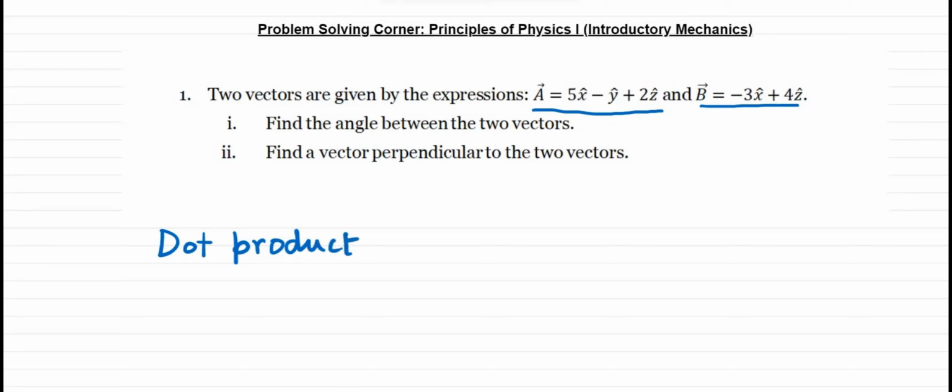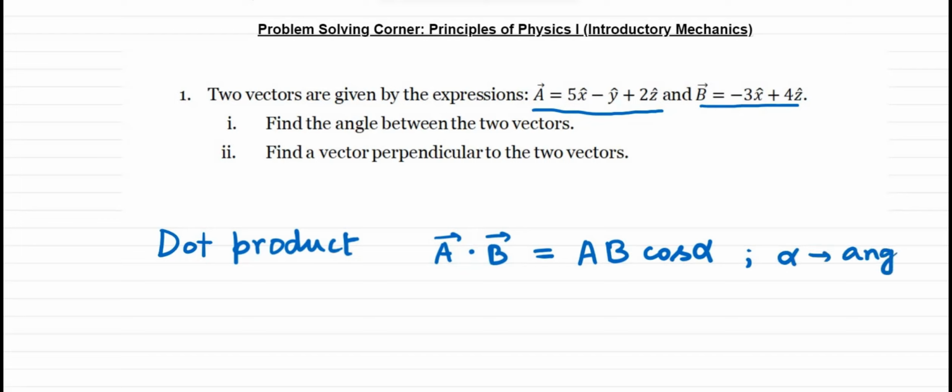The general mechanism is A dot B equals A, the magnitude of A, times B, the magnitude of B, times the cosine of alpha, where alpha is the angle between A and B.